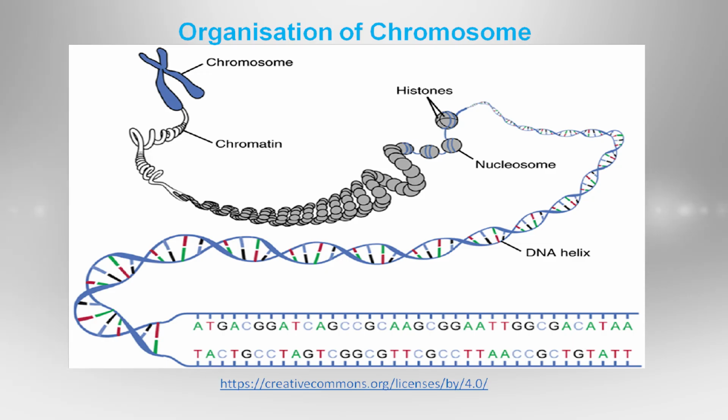Here you can see the DNA is a double helical structure, and it has nucleotides. Adenine binds to thymine by double hydrogen bonds, and guanine and cytosine bind through triple hydrogen bonds. These are the nitrogenous bases which form the DNA double helical structure, and the nucleotides have a deoxyribose sugar, a nitrogenous base and a phosphate group.